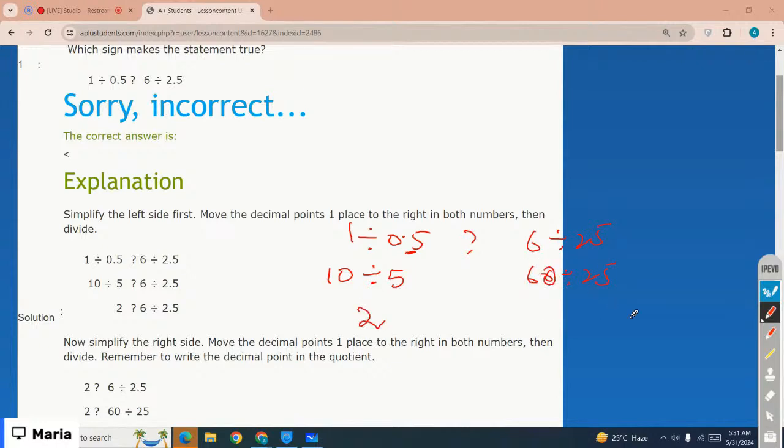So 5 times 2 is 10, and 25 times 2 is 50. 60 divided by 25. 25 times 2 is 50. 10, you need to put 0 here. 25 times 4 is 100. That is 2.4. So 2 is less than 2.4. That means 1 divided by 0.5 is less than 6 divided by 2.5. Got it?